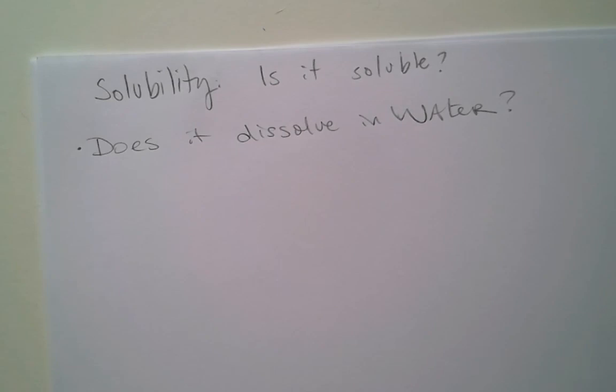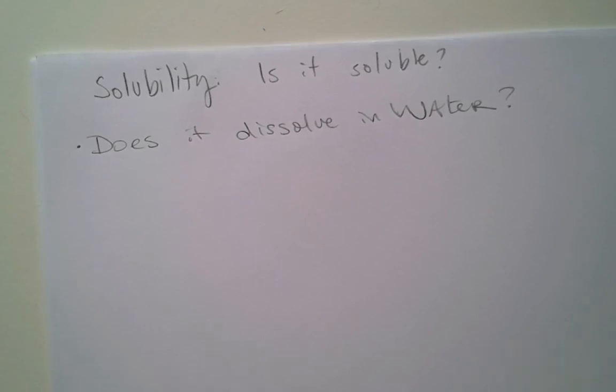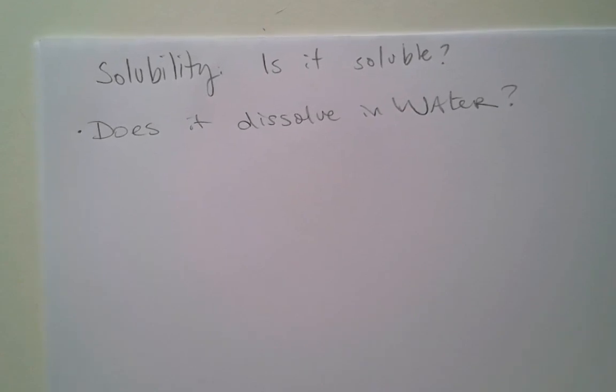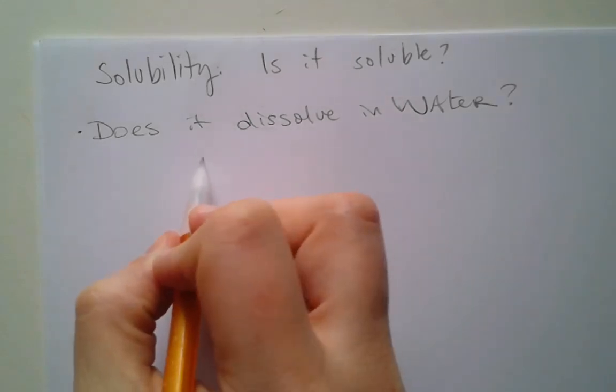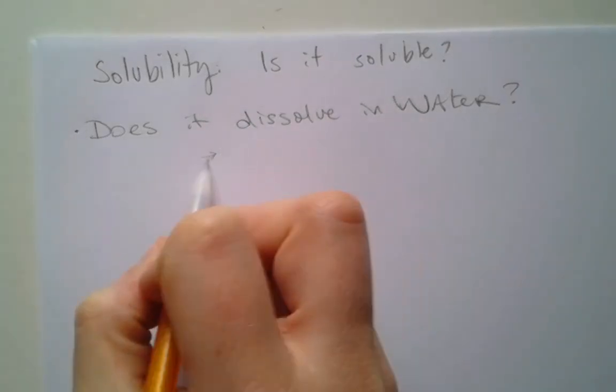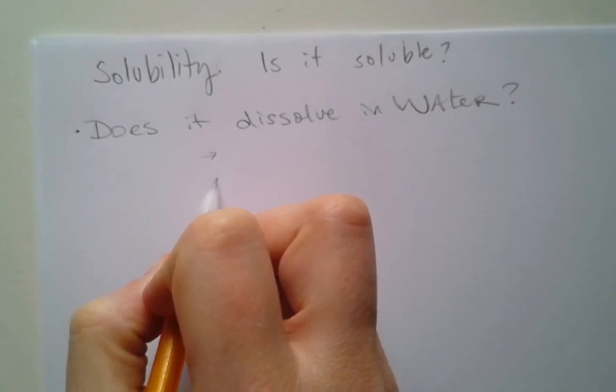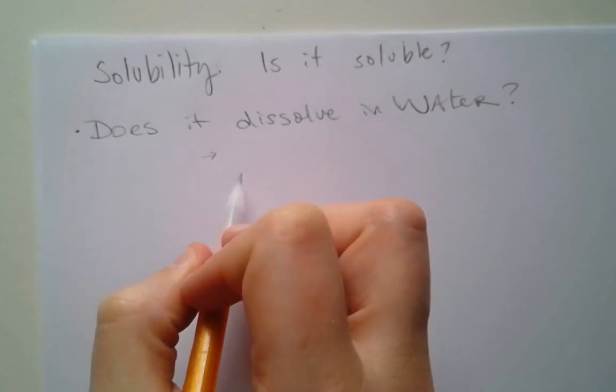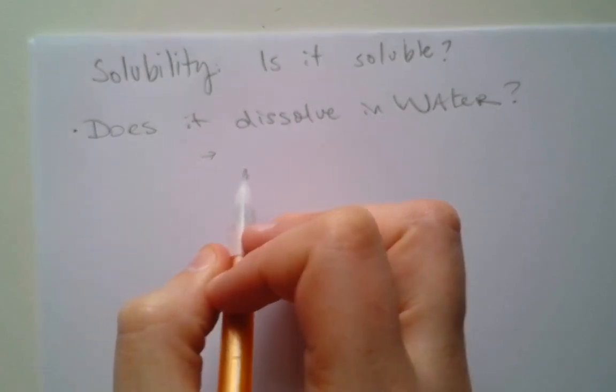Many salts do, some do not. I'm not going to take you real deep on why, although if you want that next level, here is your answer. It depends on whether the ions of the salt are similar to water in charge and in size.